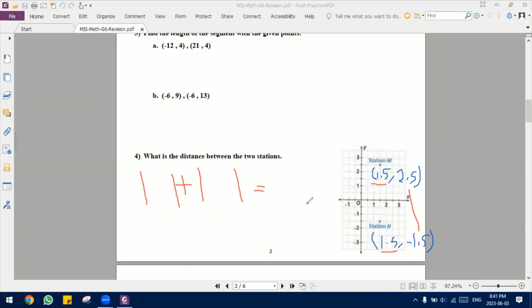The y value is 2.5 for the first station, and the y value for the second station is 1.5, it's negative, but as an absolute value it will be positive. 2.5 plus 1.5. Now, 2 plus 1 is 3. Half and half will make 1. So 3 and 1 will give me 4. So the distance between these 2 stations is 4 units.